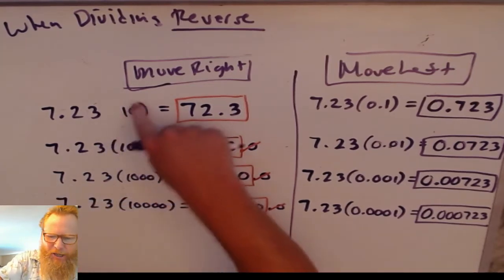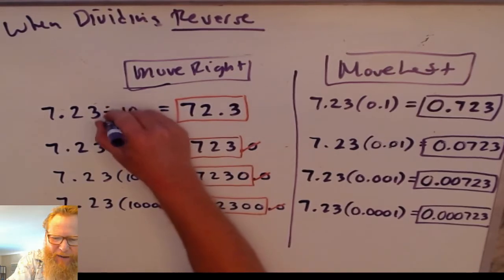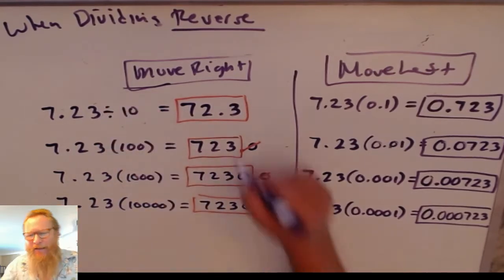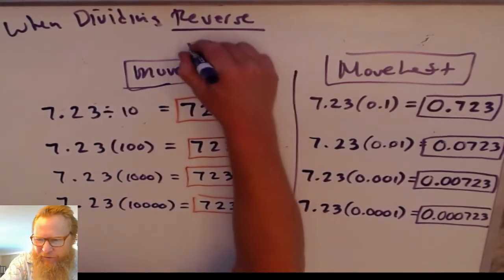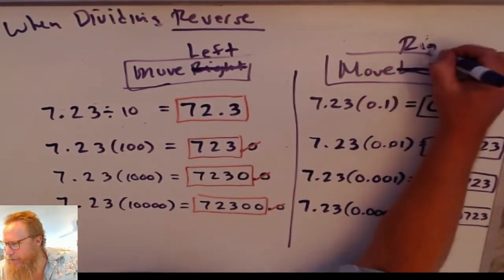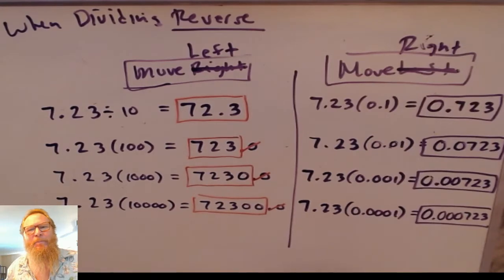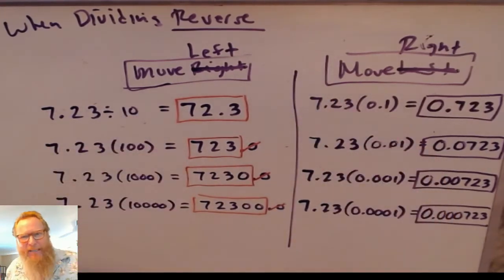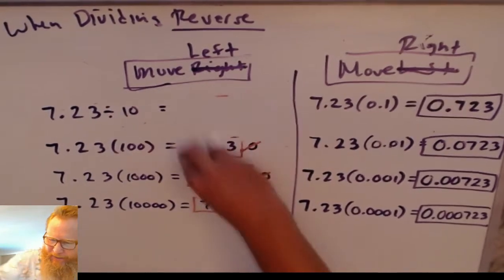So if I were to change this into divided by 10, then I would change right into left, and I would change left into right. But it's the same basic concept, just reversing all of the directions.